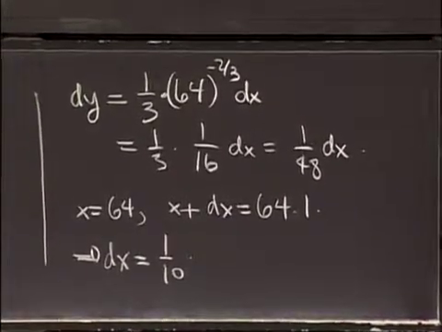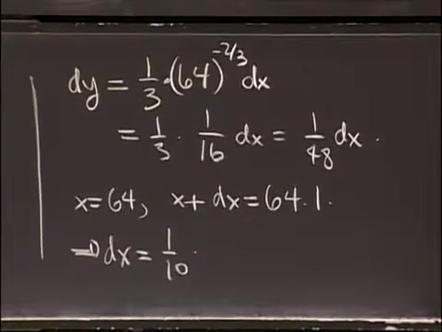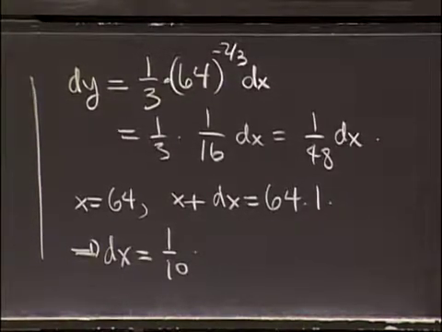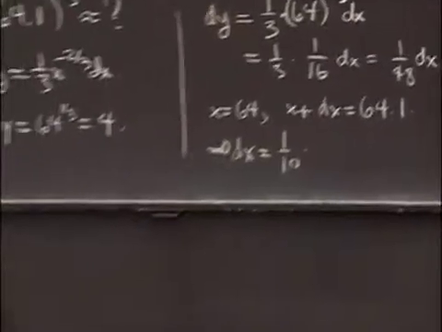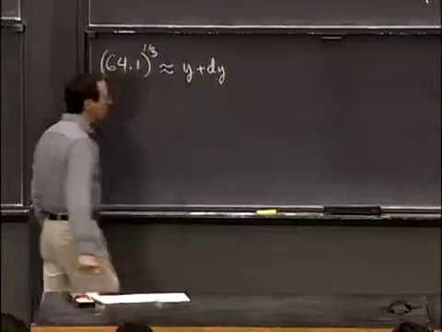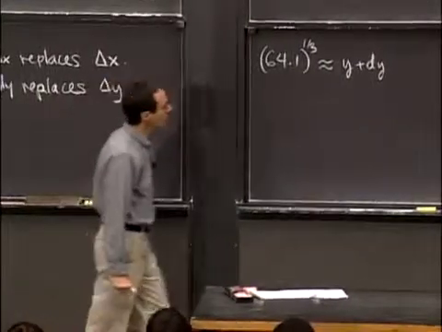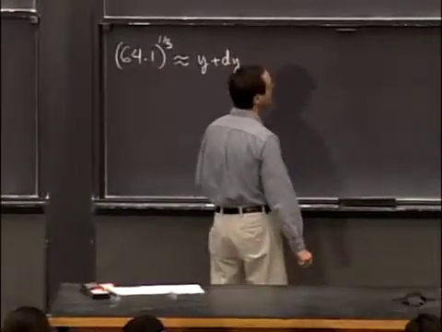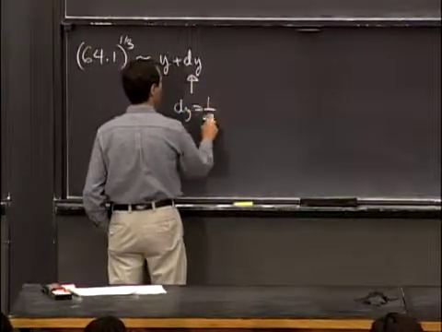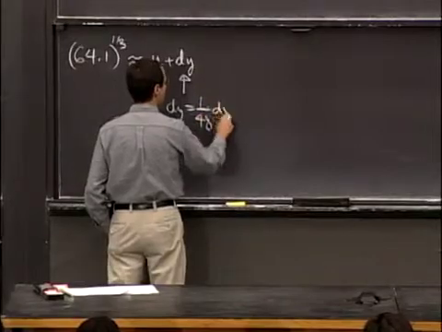And now I can carry out the approximation. The approximation says that 64.1 to the 1/3 is approximately what I'm going to call y plus dy, because the dy that I'm determining here is determined by this linear relation. dy is equal to 1/48 dx.